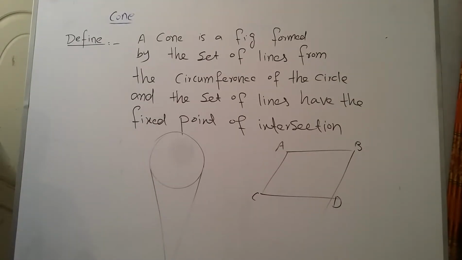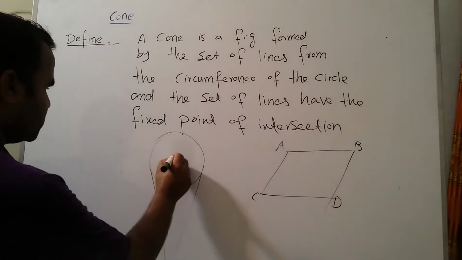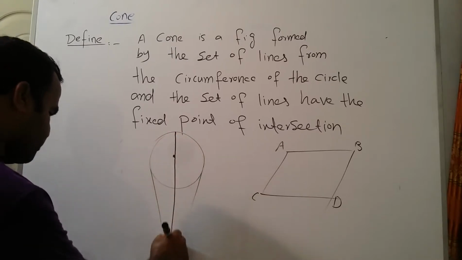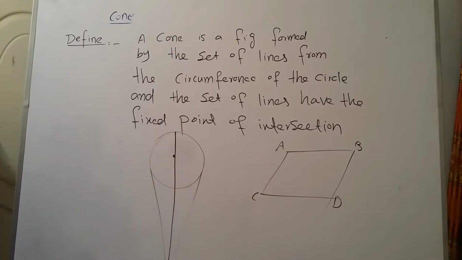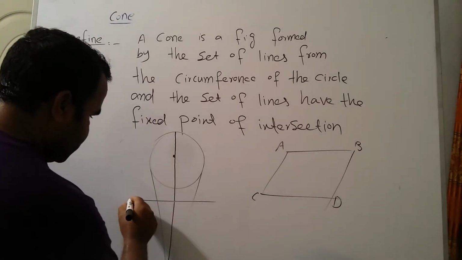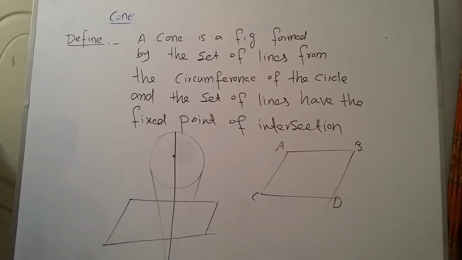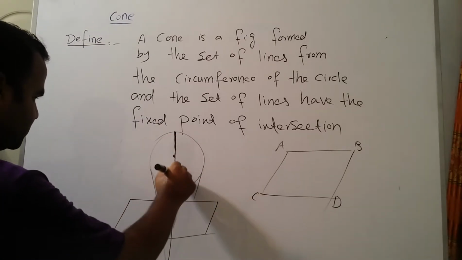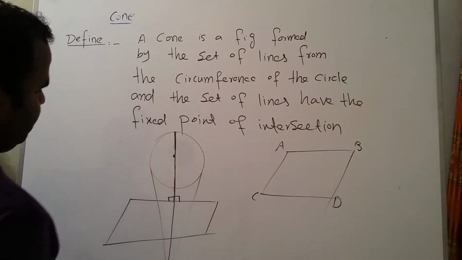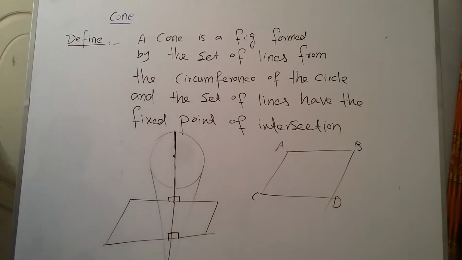If we cut this cone, we know this is the axis of the cone. If we cut this cone perpendicular to the axis, just like this, this angle is 90, of course this angle is 90.